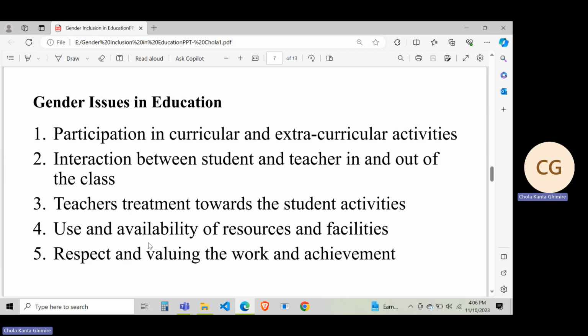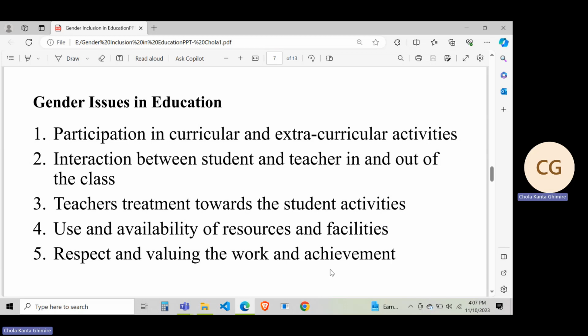Another issue is use and availability of resources and facilities. In many situations, we can find differences in the use of resources by girl students and boy students. Therefore, use and availability is another gender issue in education.